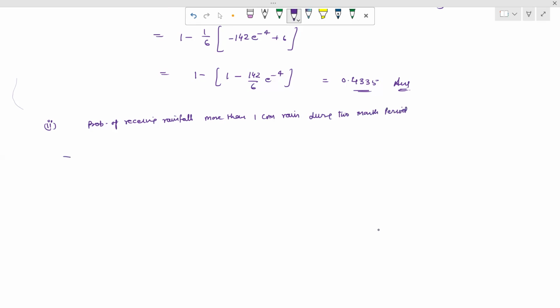Both are independent. So the value lambda 1 is equal to lambda 2, because all are independent. So we can say that the rainfall during the 2 months are independent.